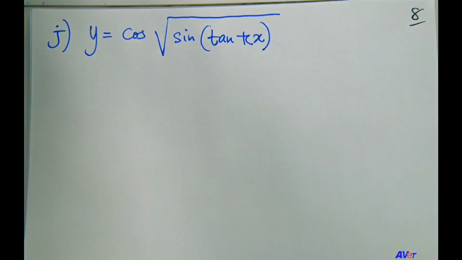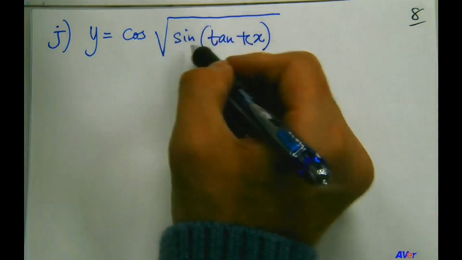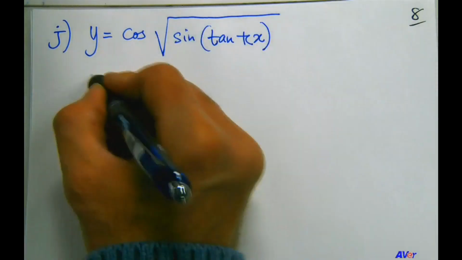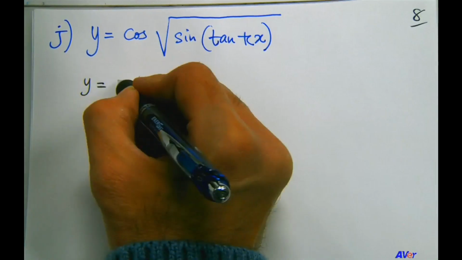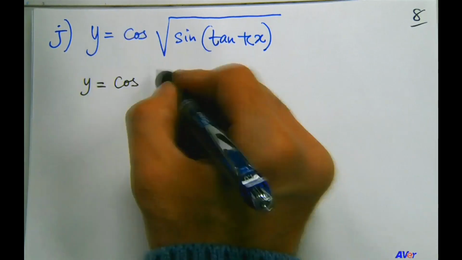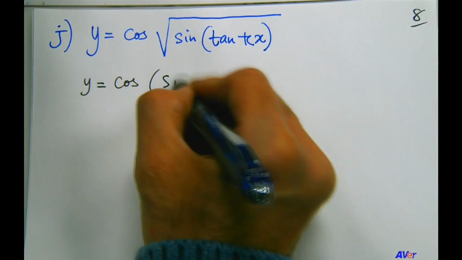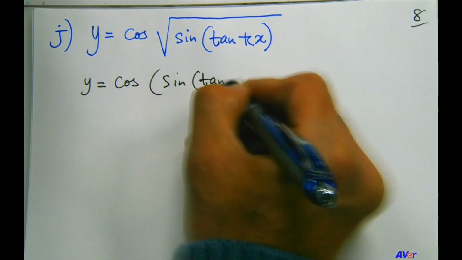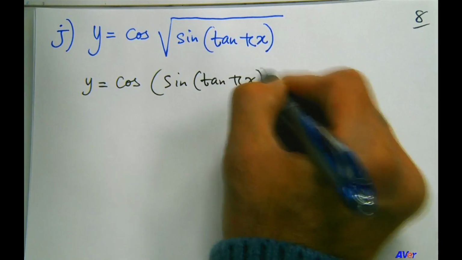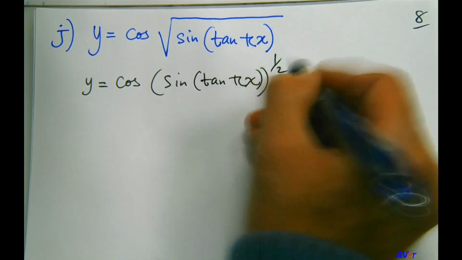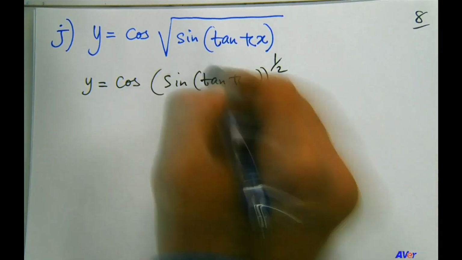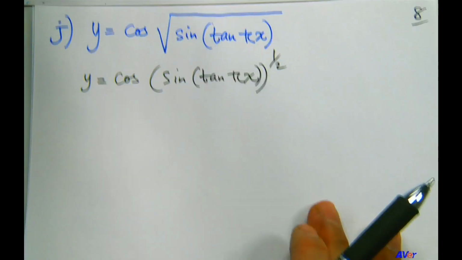Okay? All right, so let's rewrite this in terms of a rational exponent. So we have y equals cosine of sine of tangent of pi x to the 1/2 power. So this 1/2 applies to this whole thing, just like the square root.